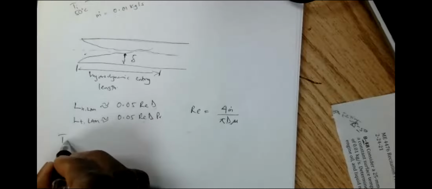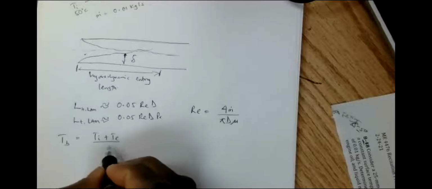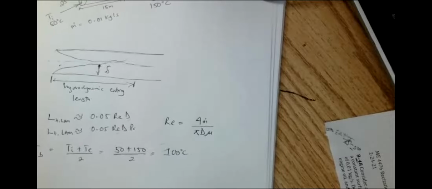And T subscript B is just the arithmetic mean of the inlet and exit temperatures. That's Ti plus Te divided by 2. And we have been given these to be 50 and 150. So I'll just say 50 plus 150 over 2. This gives me 100 degrees Celsius. Okay, that is our arithmetic mean temperature that we're going to be using.